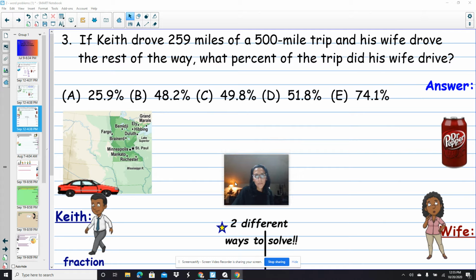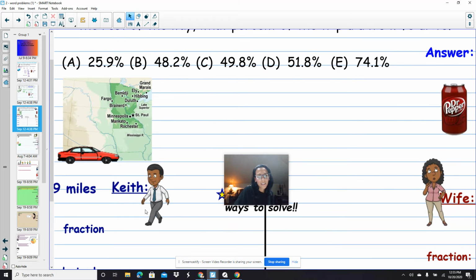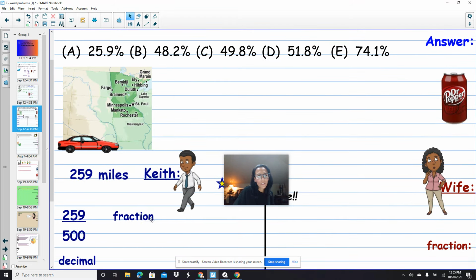This one looks interesting. If Keith drove 255 miles of a 500-mile trip, see that part out of whole, and his wife drove the rest of the way, what percent of the trip did his wife drive? Well, let's talk about Keith. Here's Keith. Keith drove 259 out of the 500 miles.